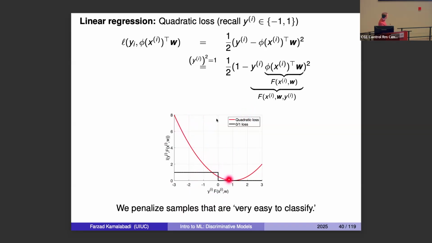If you plot that as the loss against the product of this function f, you'll see that linear regression has this quadratic loss. As opposed to what we ideally want, which is this 1, 0 loss. If we guess things correctly, we want to have no cost, so we want to be here.